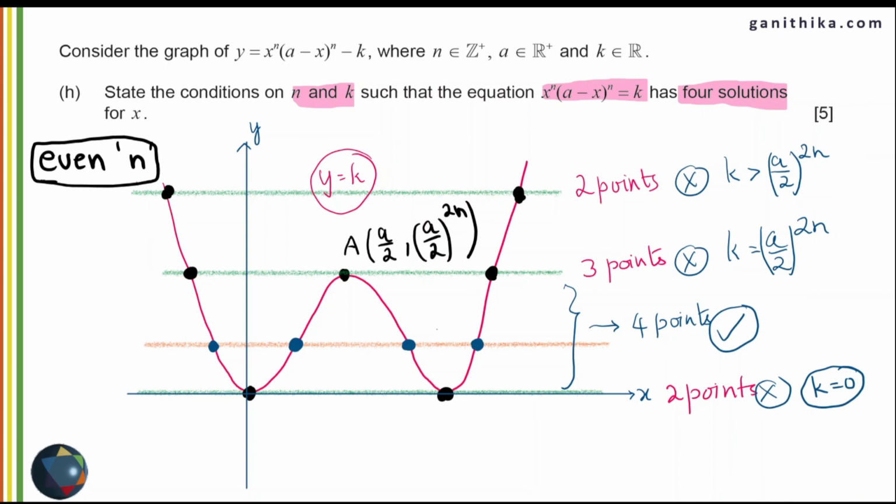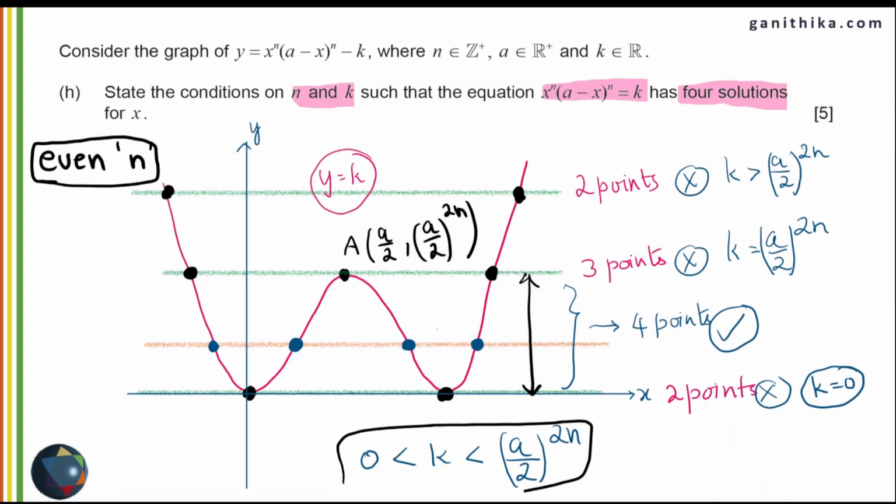So these are not going to be considered, and k equals 0 is also not going to be considered. The values in between 0 and the maximum point are going to be considered for our answer. Therefore, the k value is 0 less than k less than (a over 2) to the power of 2n for even values of n. So this is the condition for k for even values of n.